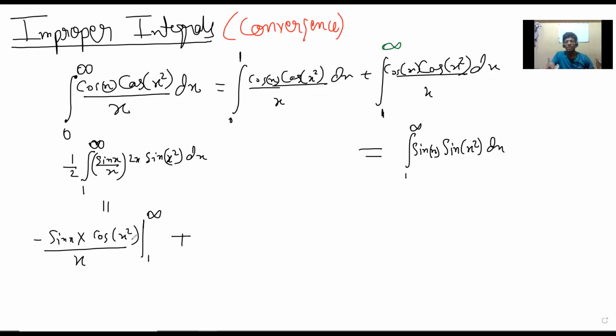Yeah, that's the point, because now it seems like we are coming back to... I don't know what will happen. Yeah, just trying. Because I don't know a direct trick for this, so that's why it's a little bit of work. But next, so you again get this cos x square, and you get sine x by x.